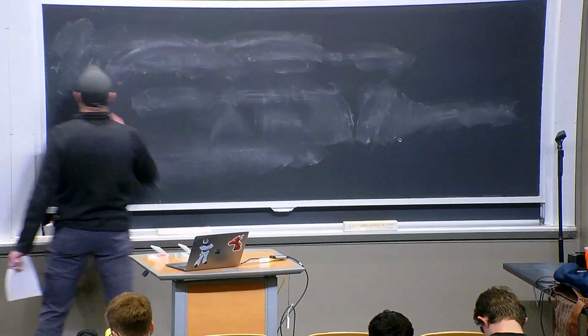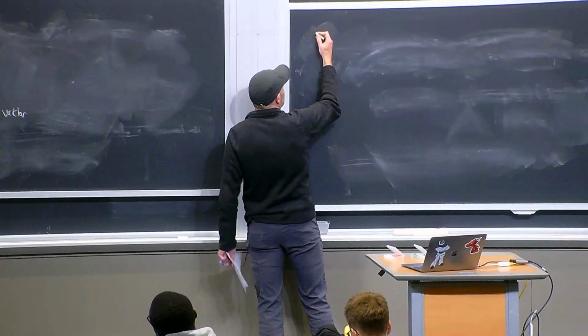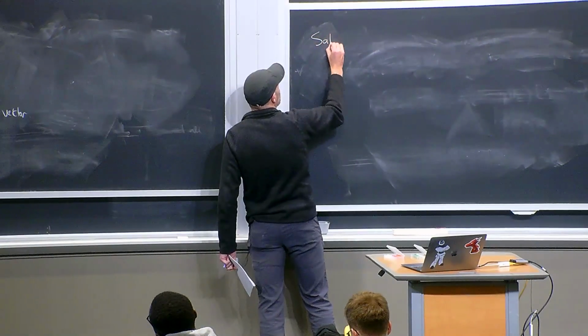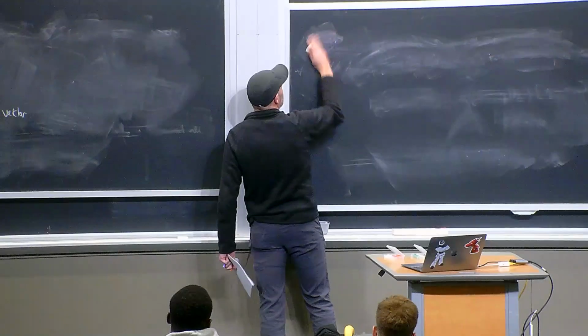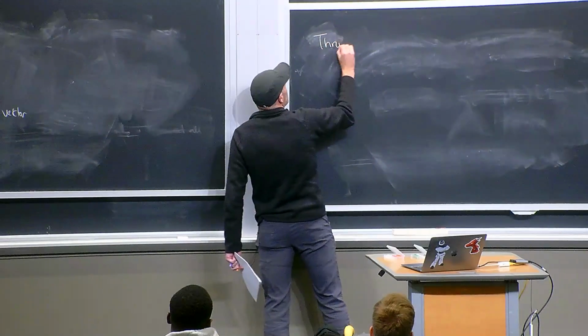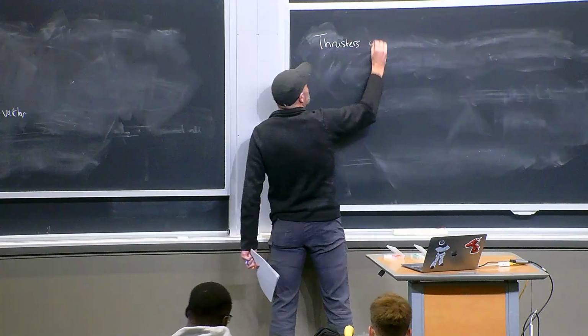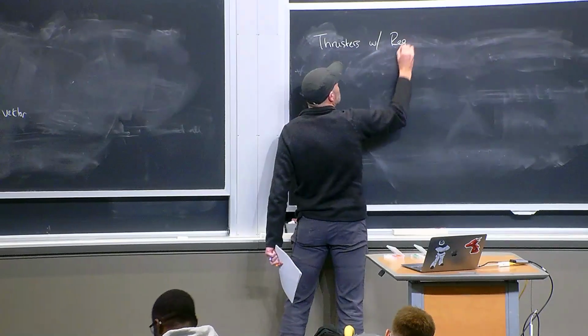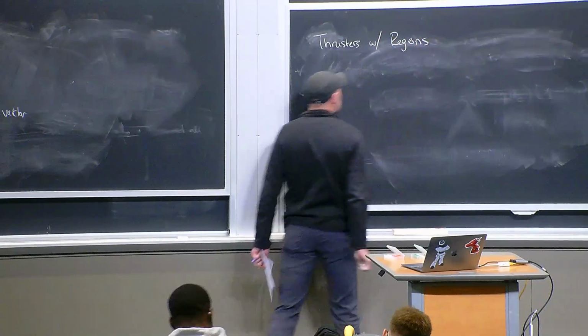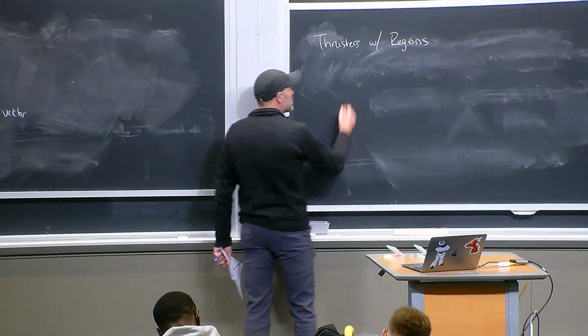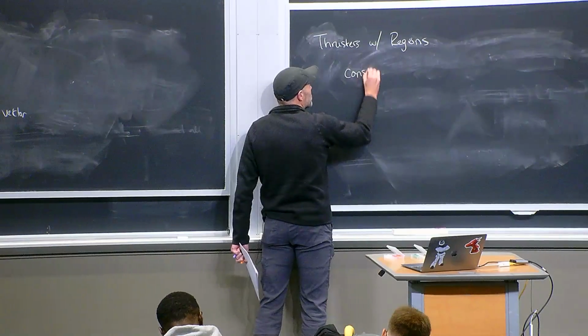So what would that look like? If we had a satellite with regions, let me say thrusters with regions, well, you start putting constraints on the admissible input.